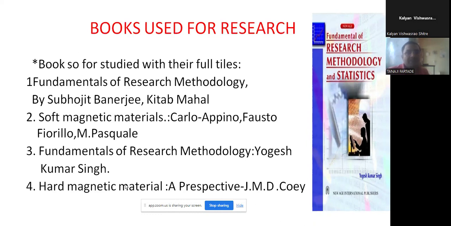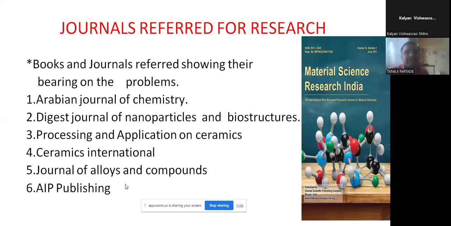And for magnetic materials, I have used Perspectives by J.M.D. Coey. Journals which I have used for the research till today are the Arabian Journal of Chemistry, Digest Journal of Nanomaterials and Biostructures, Processing and Applications of Ceramics, International Journal of Alloys and Compounds, and AIP Publishing.